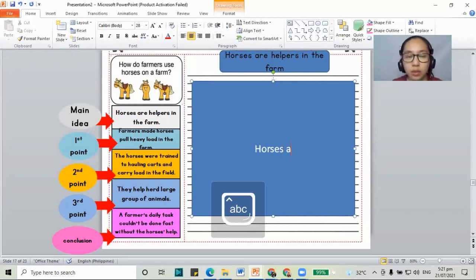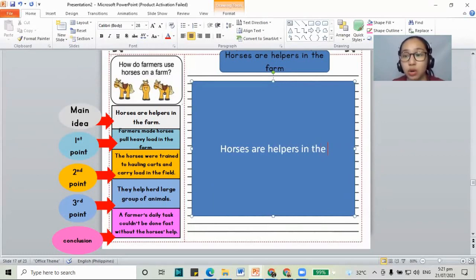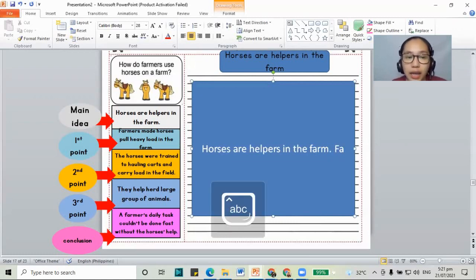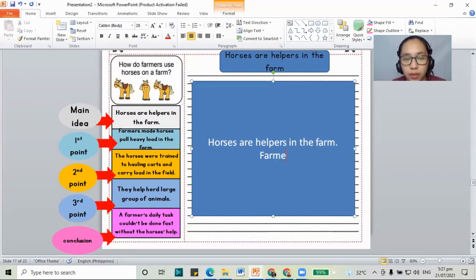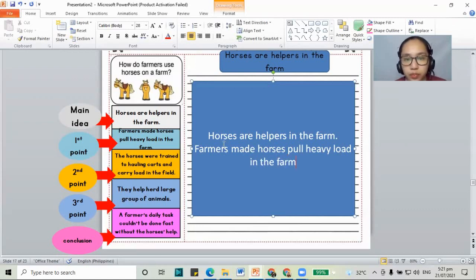Horses are helpers in the farm. And sometimes you can also make the main idea your title. Let's write the main idea, then the points. Farmers made horses pull heavy load in the farm.